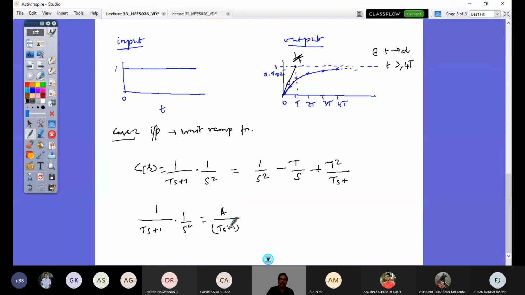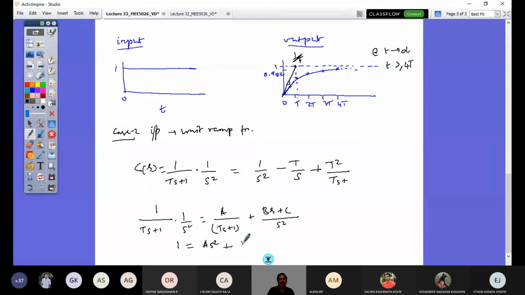If I have it like this and take this as the LCM, I would have my function like this. So it is going to be 1 equals as squared plus bs plus c into ts plus 1.